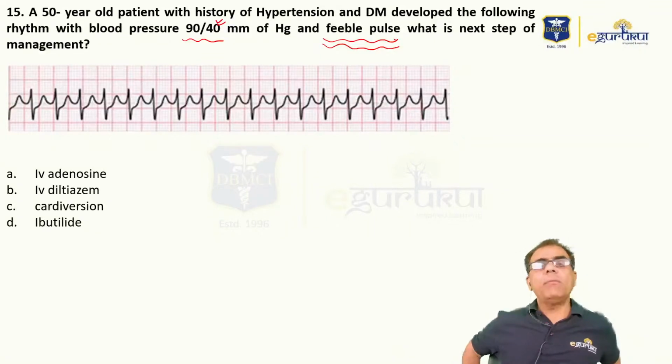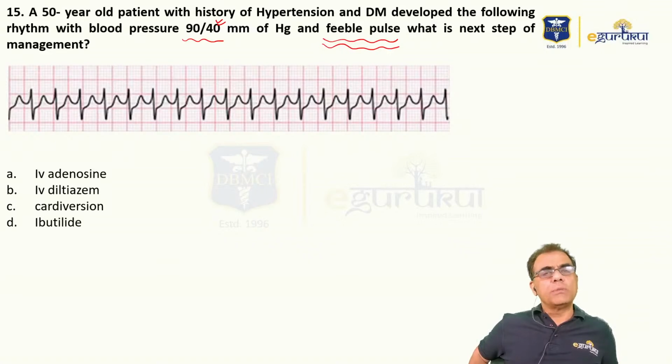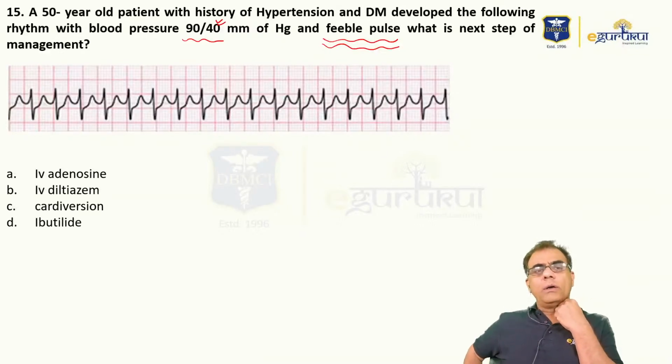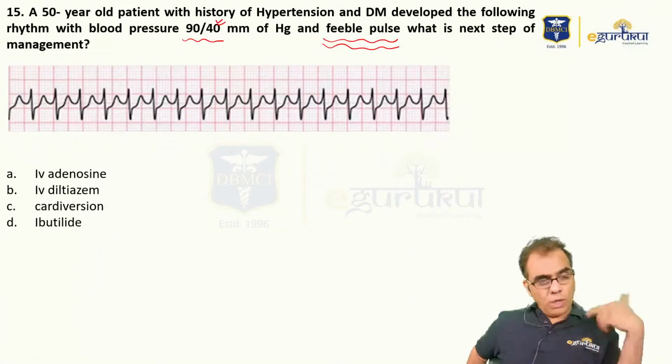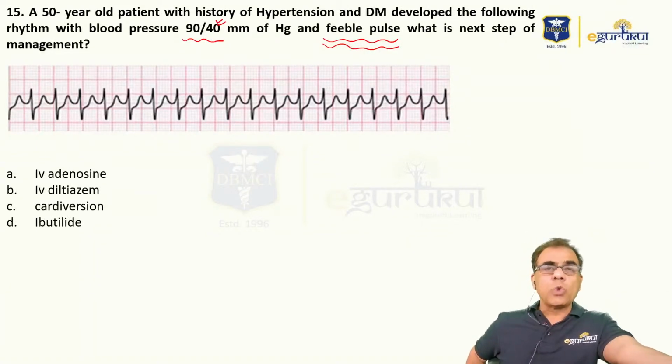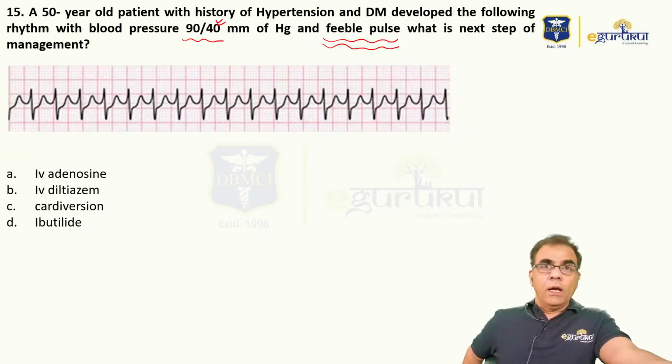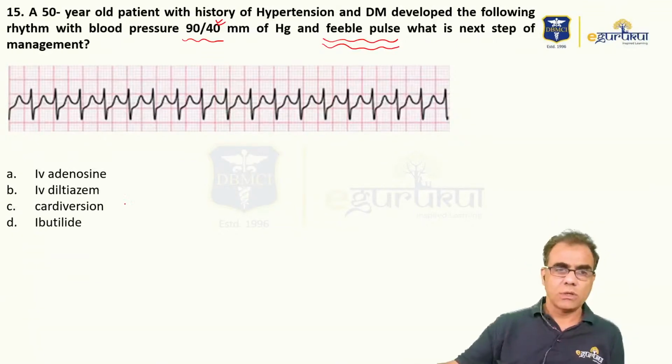And for hemodynamically unstable patients, we have to immediately cardiovert the patient. If they are hemodynamically stable, we can try many things. You can try even a vagal maneuver. Then you can give a dose of adenosine 6 milligram. If not responding, you can repeat the dose of adenosine at 12 milligram. Still not responding, you can try other drugs also. However, if the patient is hemodynamically unstable, then the patient requires immediate cardioversion. So C.